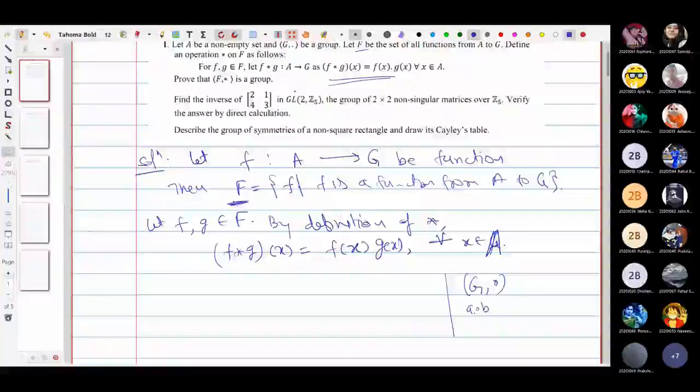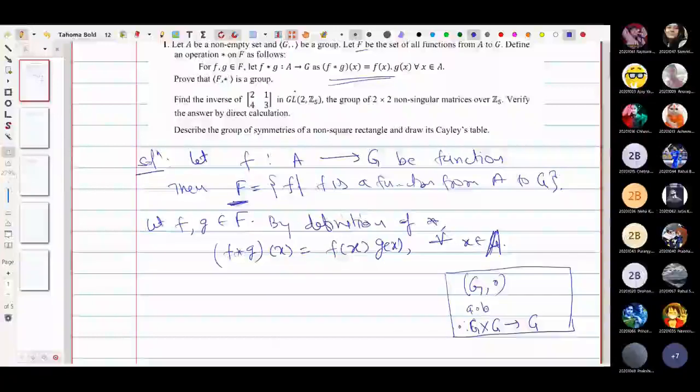This composition is in fact a function from G cross G to G. Are you getting what I am trying to say? So in place of a and b, here we have taken f and g, and in place of G in the usual definition, we have taken capital F. Up to now, clear to you?